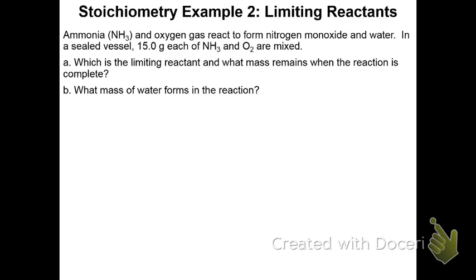So the last piece is part B, which is what mass of water forms in the reaction. When we calculate the mass of water that forms, we need to again make sure we start with the moles of oxygen to calculate the moles of water, and then the mass of water.